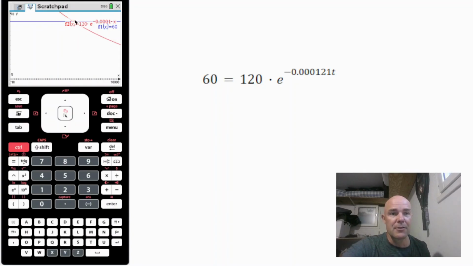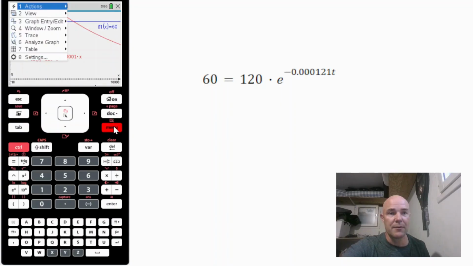Now, usually these notations for the functions are overlapping the point of interest. So if I just hold on this button here in my calculator, you can close the hand and you can move this away. So now this is what we are looking for. We are looking for the intersection between those two functions, and then we are ready to solve this equation.